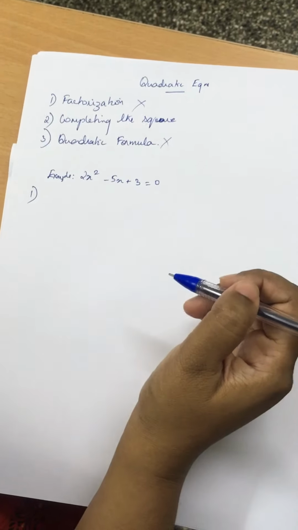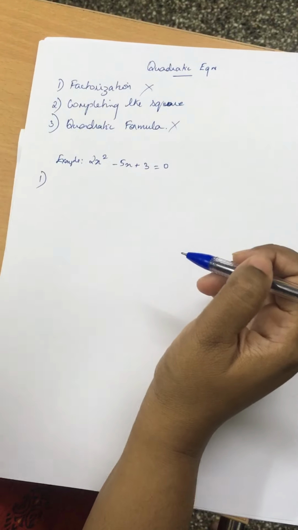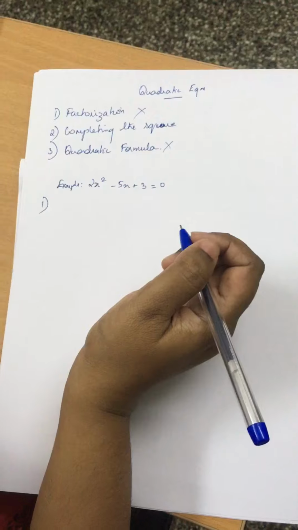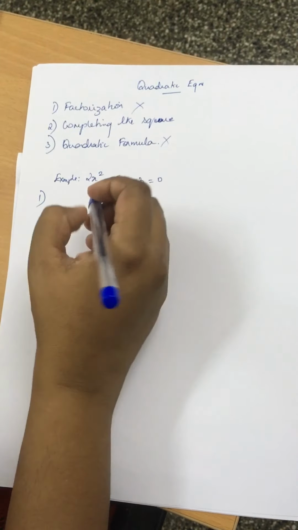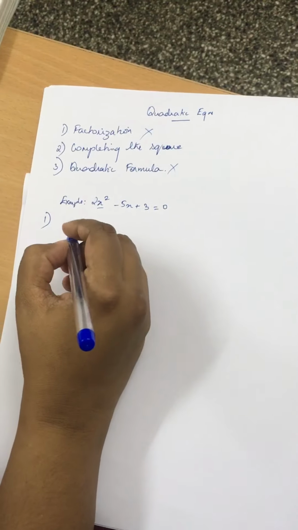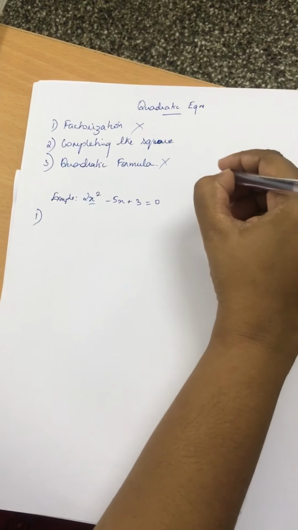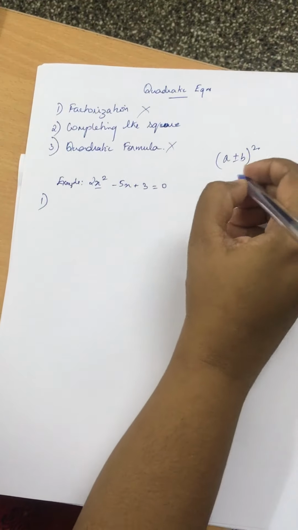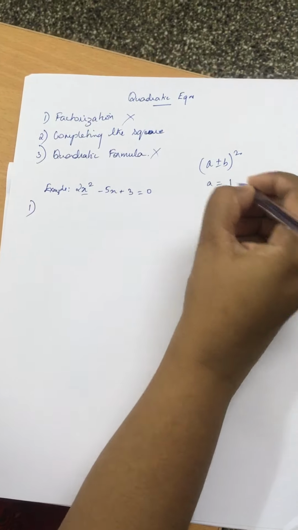So for that, let me just begin directly with an example, and let's go stepwise. Okay, so the first thing that you need to do with the quadratic equation is to make sure that your x square coefficient is always 1, because we are going to be using the algebraic identity a plus or minus b the whole square, and I want to have my a as always 1.